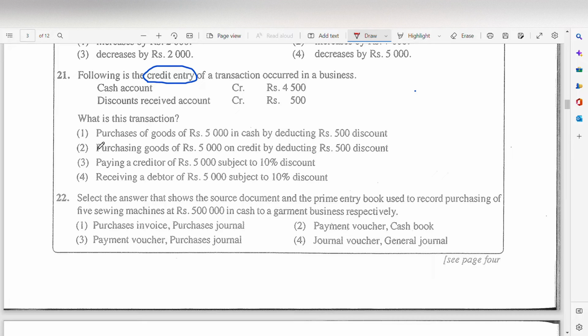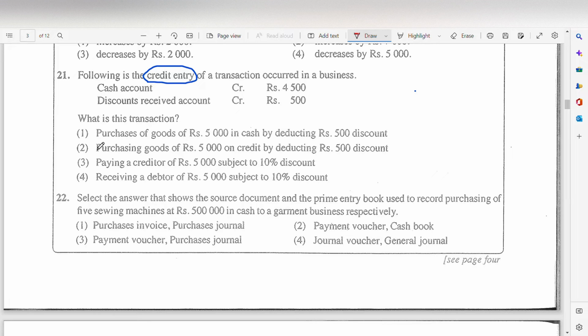Third one, paying a creditor of rupees 5,000 subject to a 10% discount. Now there we don't know the debit entry, but if you pay your creditor 5,000 subject to a 10% discount, then discount received should be 500, cash outflow should be 4,500.